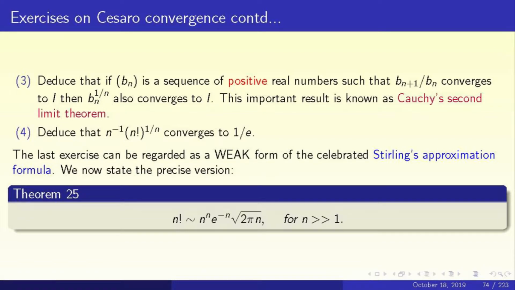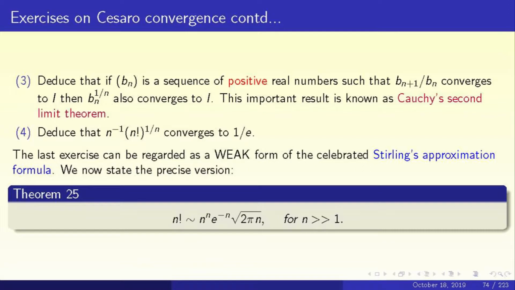As a particular case, you prove that if you take the nth root of n factorial upon n, it converges to 1 upon e. Namely, n factorial to the power 1 upon n divided by n converges to 1 upon e. The last exercise that you see can be thought of as a very weak form of the celebrated Stirling's approximation formula. What does it say?